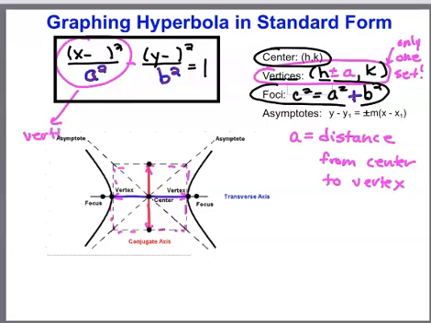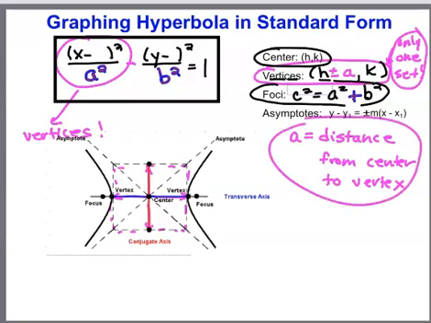There is only one set of vertices. And then a is the distance from the center to the vertex. I should have said vertices, but it's just this distance. We still use the b squared to go up and down, but that's just to make an asymptote-like rectangle.